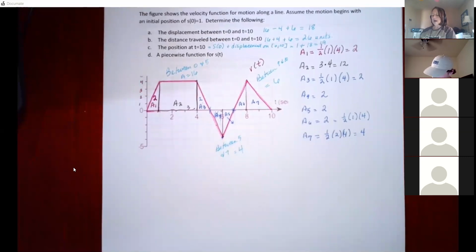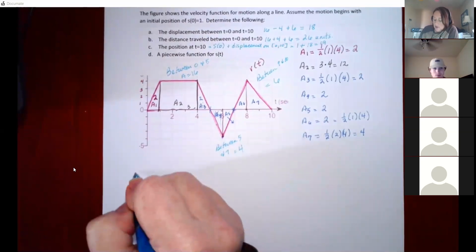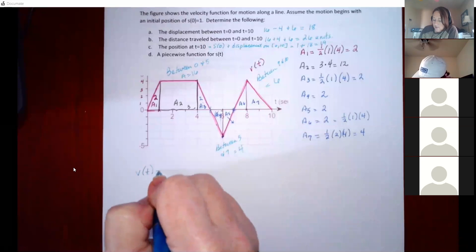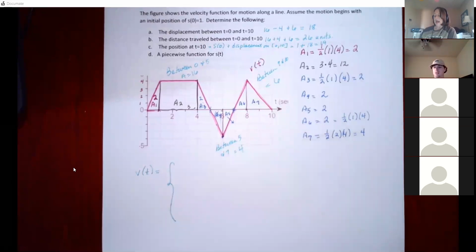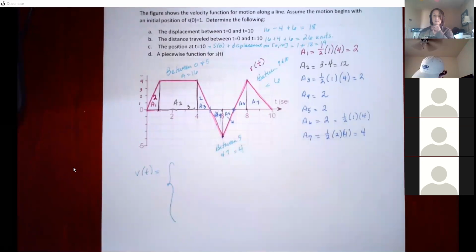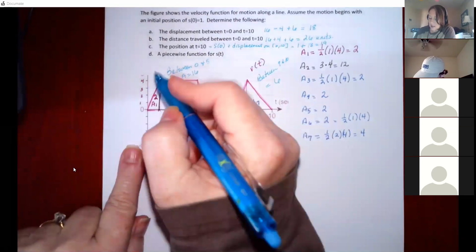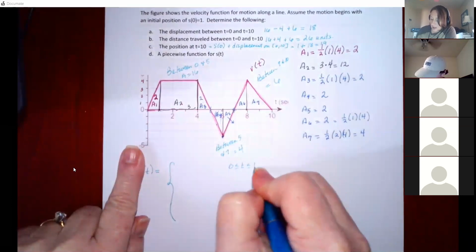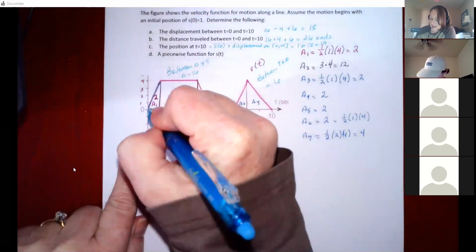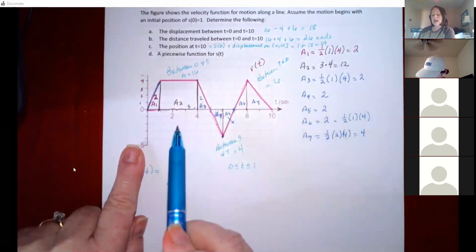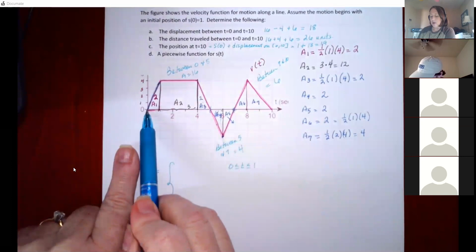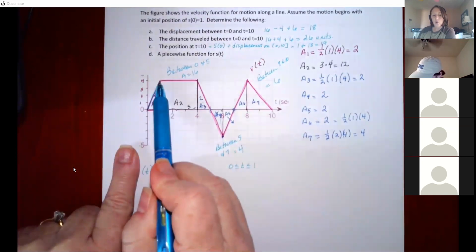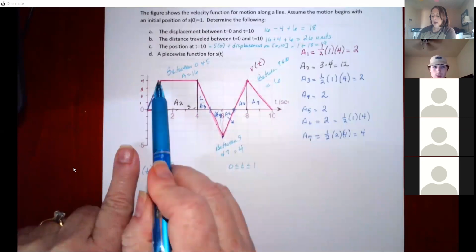All right, they want us to find a piecewise function for s of t. So what we're going to do is first find a piecewise function for v of t, and then we're going to use our relationship between velocity and position to find position. All right, so between 0 and 1, my velocity function is this little line segment right here. That is a line with a t-intercept of 0 and a slope of 4, because we move right 1, up 4.